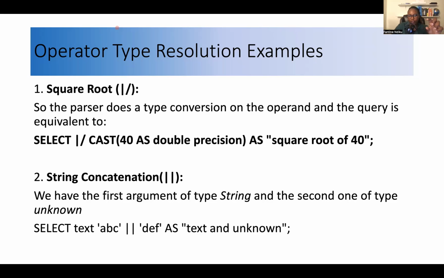So we are going to convert this 40 as a double, which is float, and then it will return a result. But for us, we will not see it because it is done implicitly in the system.